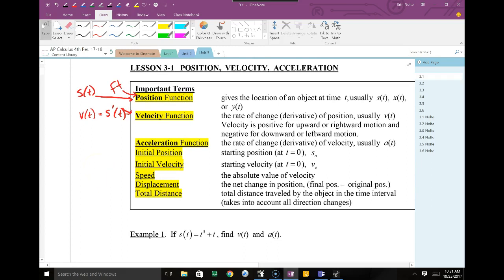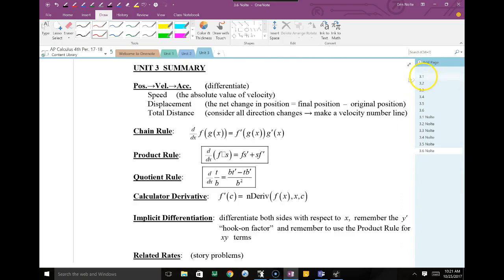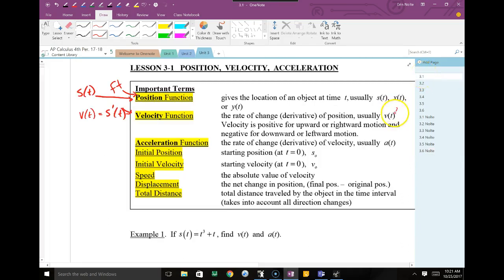If I was working with feet for position, what would we label the velocity in? Does it help that we're working in units of time? Time, like seconds, like how fast something is moving.